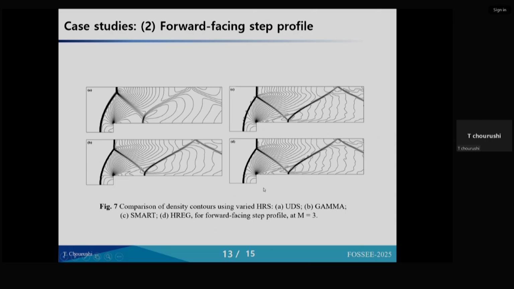In the results comparison of different schemes, we have compared the lower order upwind scheme and the gamma scheme, and I also put the result of the SMART scheme just to show how the convergence is affected. The SMART scheme shows some oscillation in capturing the bow shock, so it takes a little more time to converge.